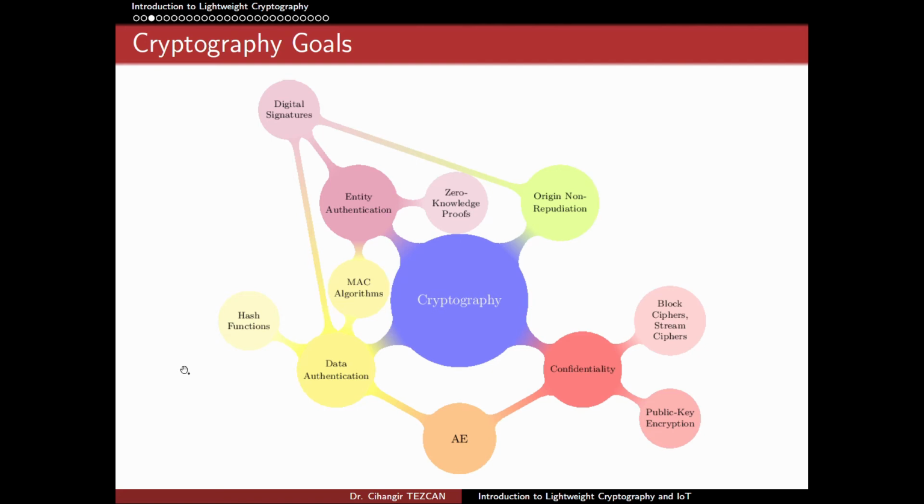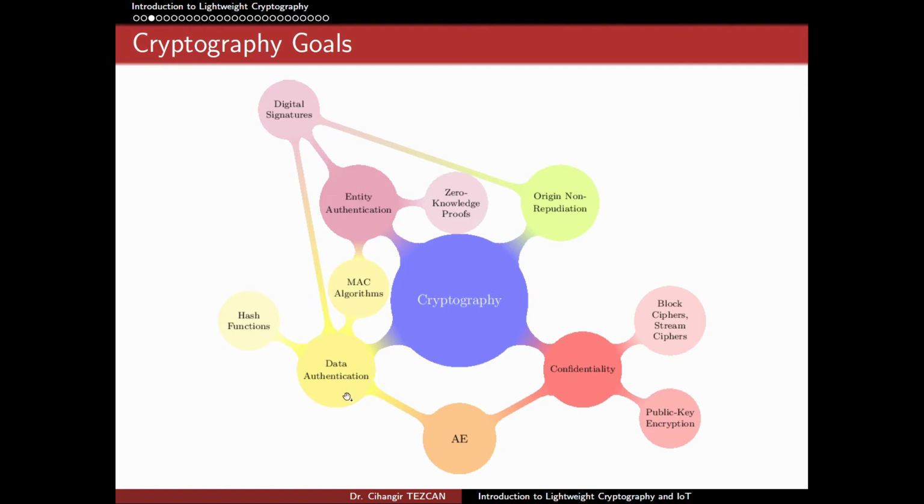So let's look at the big picture. Cryptography actually solves a lot of problems, like confidentiality, which we provide by block ciphers or stream ciphers or public key encryption algorithms like RSA, or authenticated encryption algorithms. But other problems we solve are data authentication or integrity, which can be provided by hash functions, message authentication codes, and again authenticated encryption algorithms.